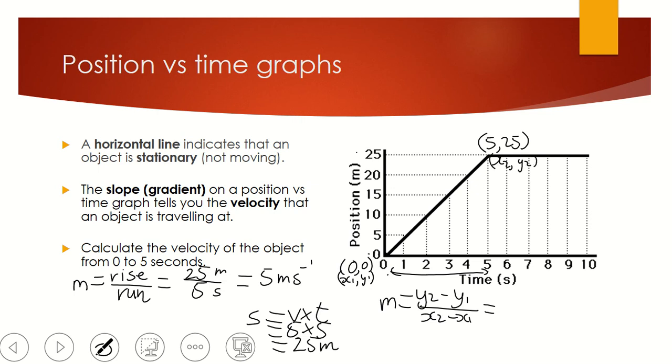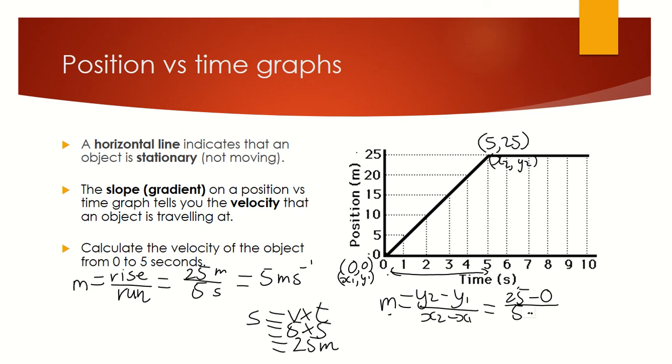Always label your coordinates from left to right. Plugging them into our gradient formula: y2 is 25, take y1 which is 0, divided by x2 which is 5, take x1 which is 0, and that's going to give us 25 take 0 is 25, 25 divided by 5, which is, again, 5 meters per second.